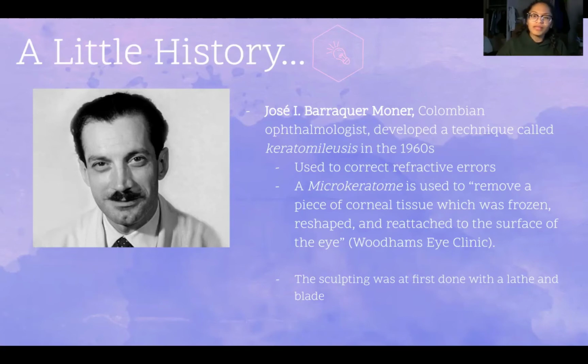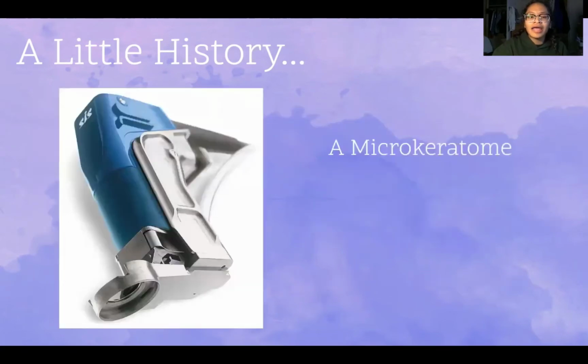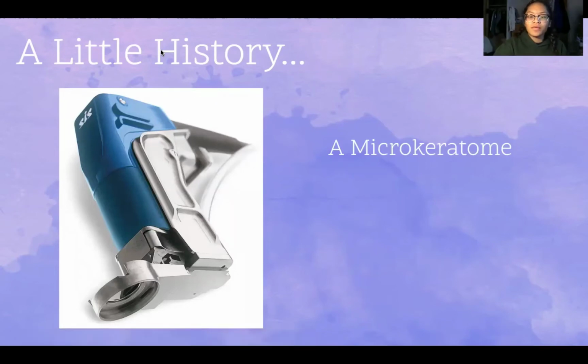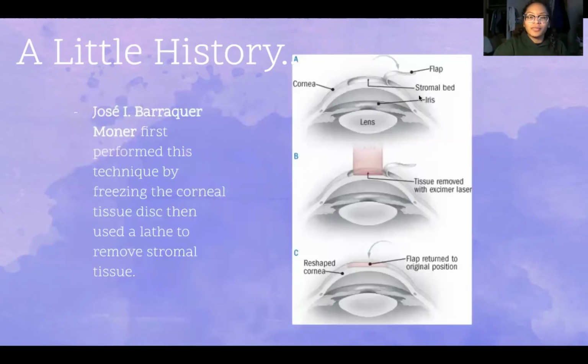And just to show you a diagram of what this microkeratome is, I added a picture that I found on the internet, and this is what basically cut the corneal surface, which is called the stromal bed.